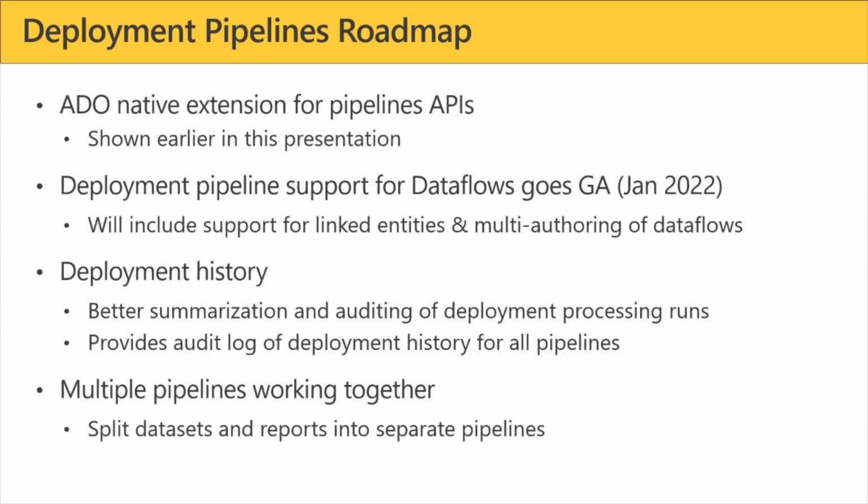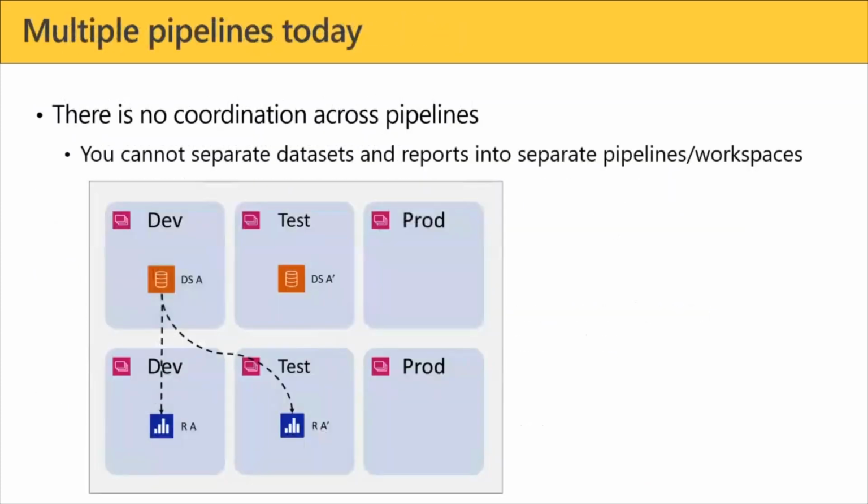And then the last thing is getting multiple pipelines to work together. This one we're planning for March 2022. But here's the issue today. Let's say that you have one set of workspaces for your data sets and another set of workspaces for reports.